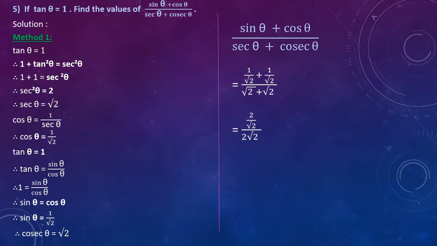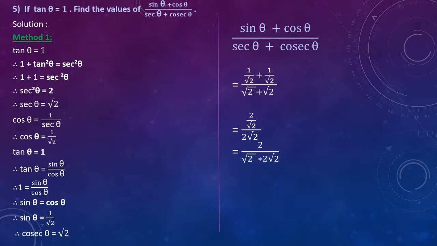Why are we adding it? Because their denominators, root 2 and root 2, are the same. So we can club them together and we will get 2 upon root 2. If the denominators are same, then we can add the numerator part. So we get 1 plus 1 as 2 upon root 2 upon 2 root 2.